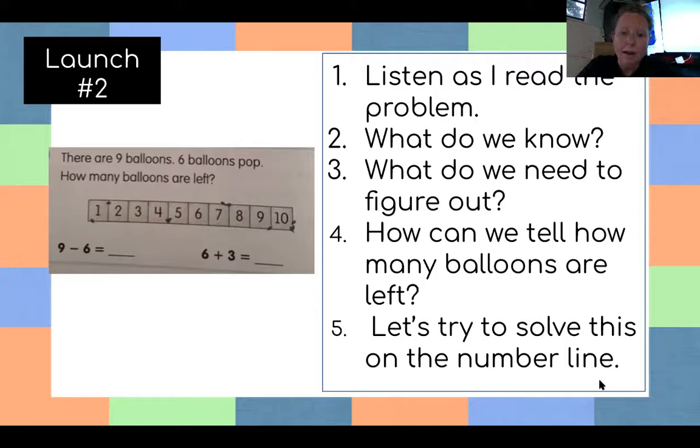We need to figure out how many balloons are left. How can we tell how many balloons are left? Let's try to solve this on the number line. If you need more time, push pause now.